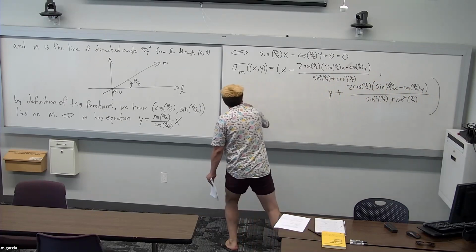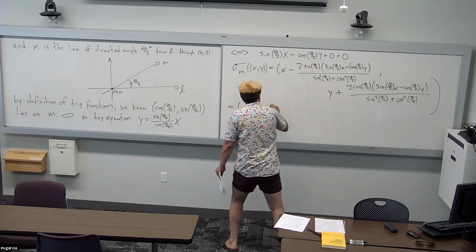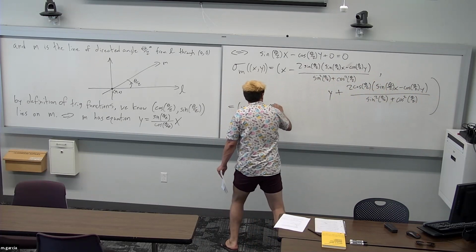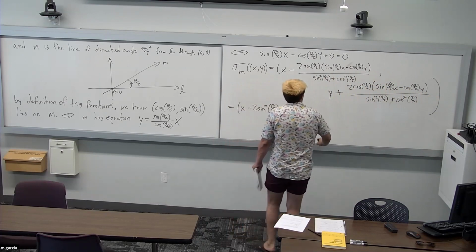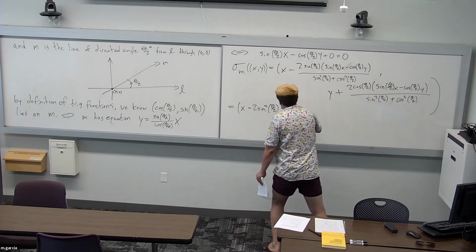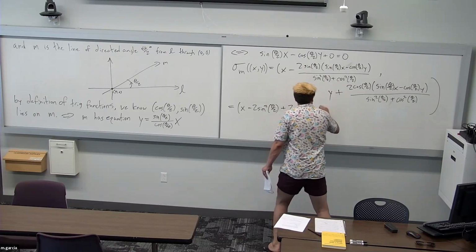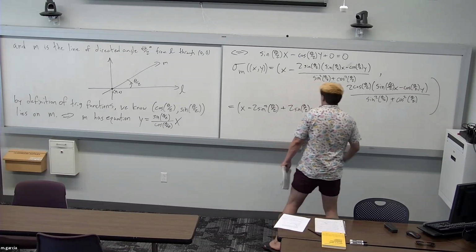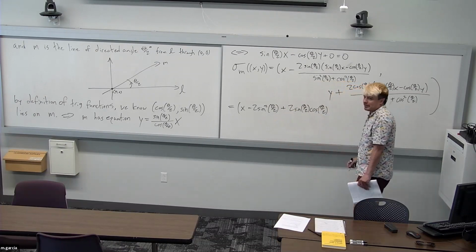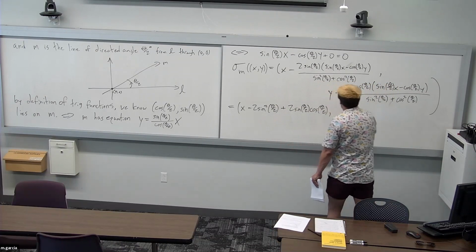So, x minus 2 sine squared of theta over 2 plus 2 sine theta over 2 cosine theta over 2. Most of these things end up being identities that we get here.